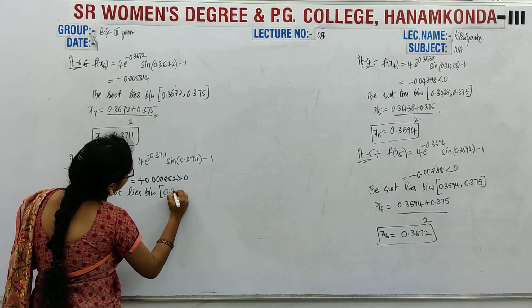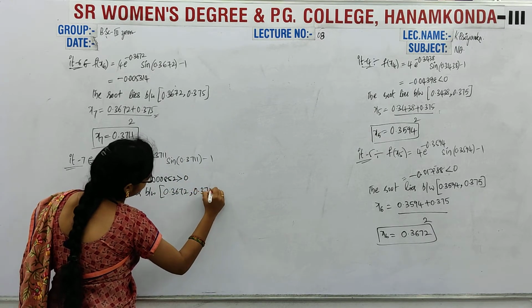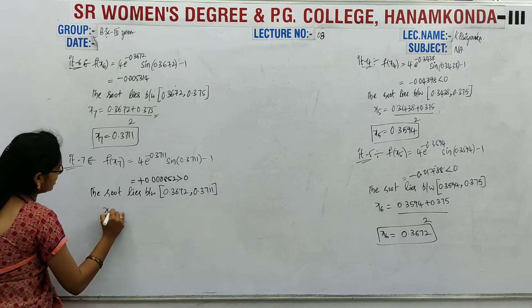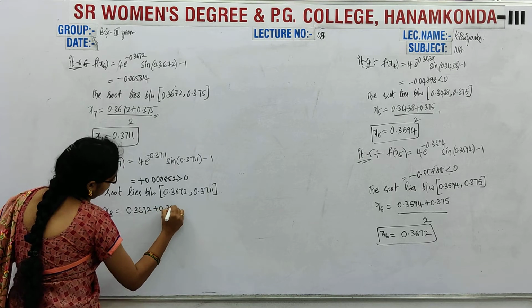What is the new interval? The first value will be same, second value will be different, 0.3711. Now we have to calculate x8.